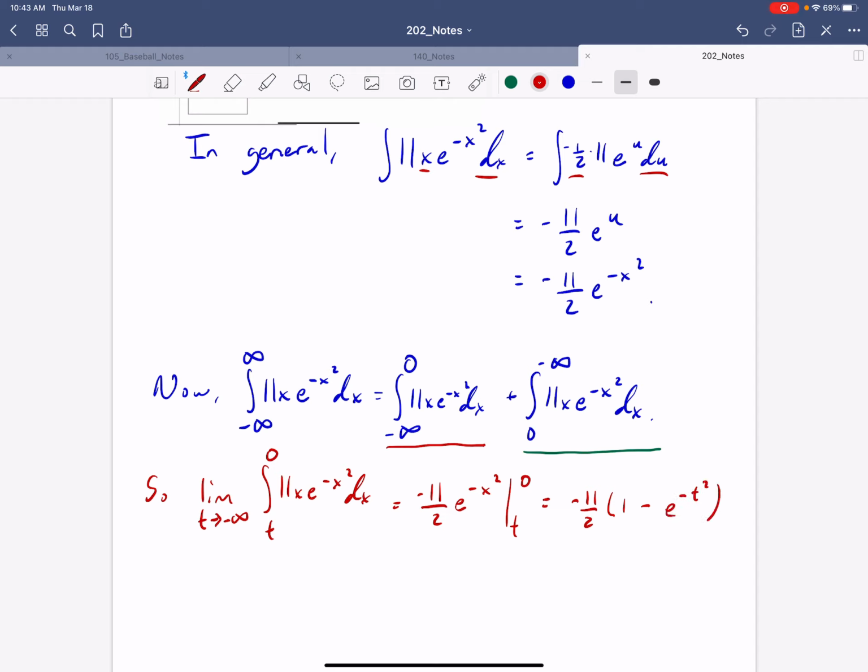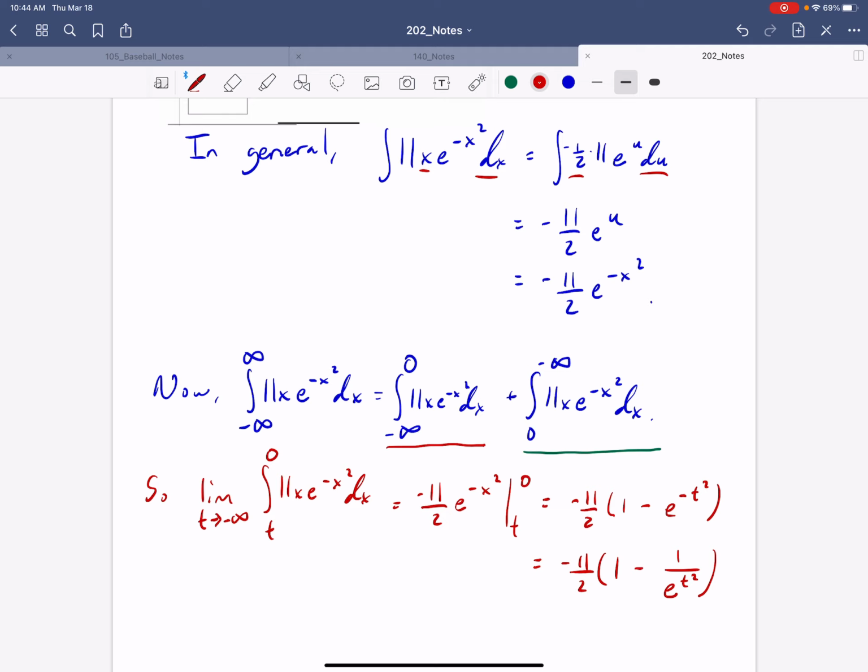And here you just need to use a bit of reasoning. t is approaching negative infinity, but it doesn't matter, we're squaring it, but then we're making it negative. So this is the same as negative 11 over 2 times 1 minus 1 over e to the t squared.